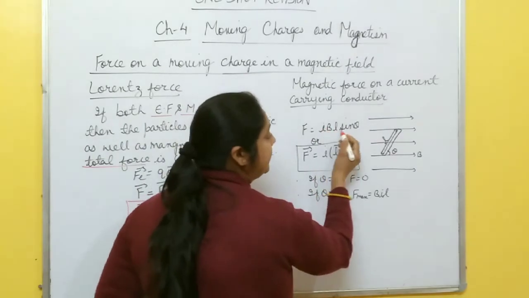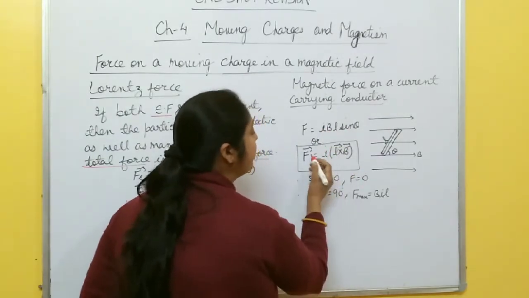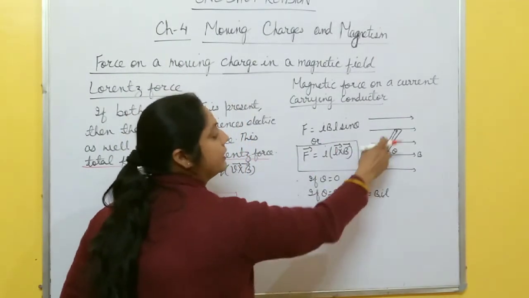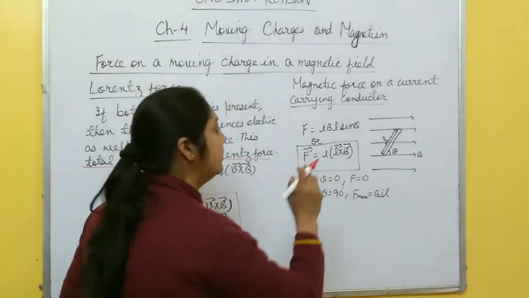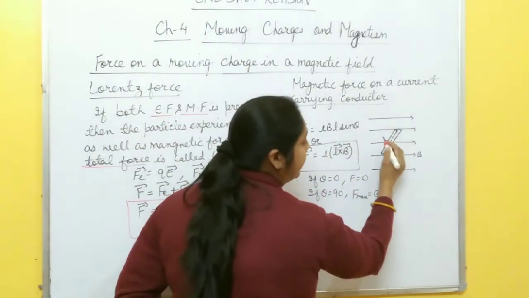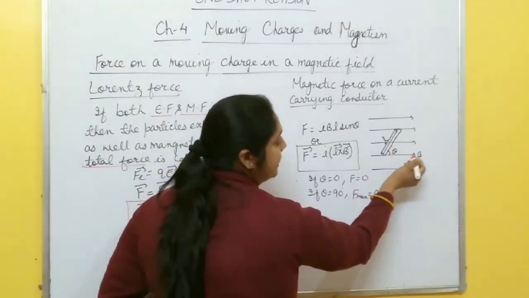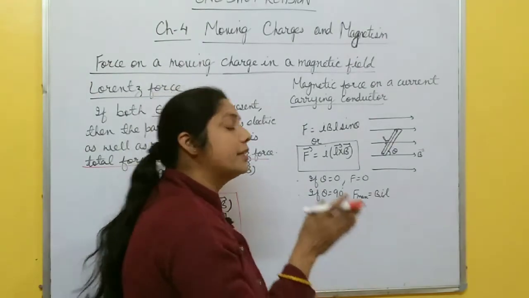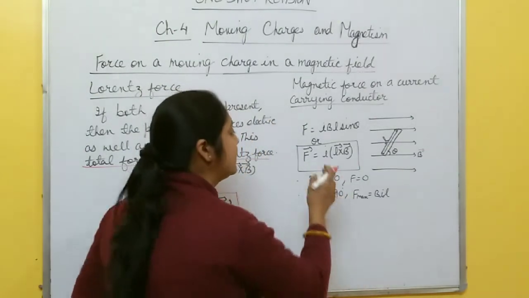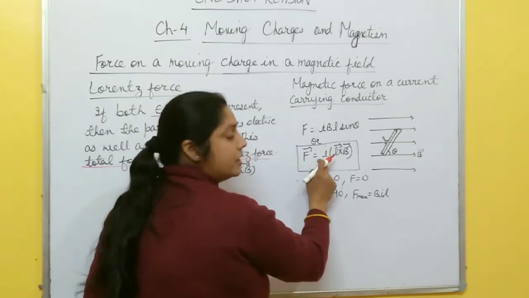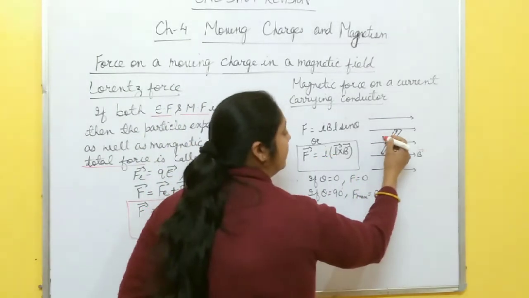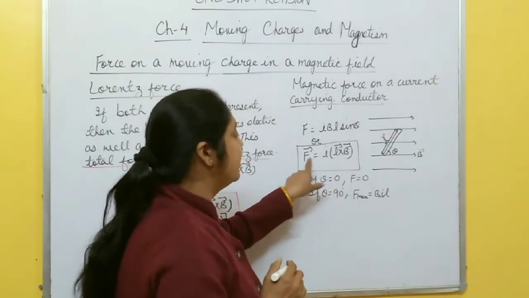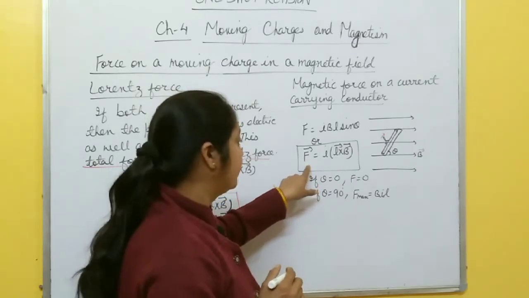F equal to IBL sine theta, or you can write in vector form F equal to IL cross B. This is the expression for force on a current carrying conductor of length L. Theta is the angle between L and B. L is the length of the conductor, and the direction of current is also along the length of the conductor. As current is a scalar quantity, for direction we use L, the length vector, right? And the direction of L cross B gives the direction of force.